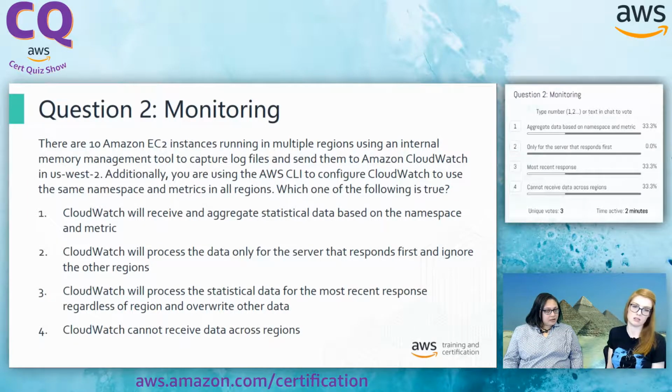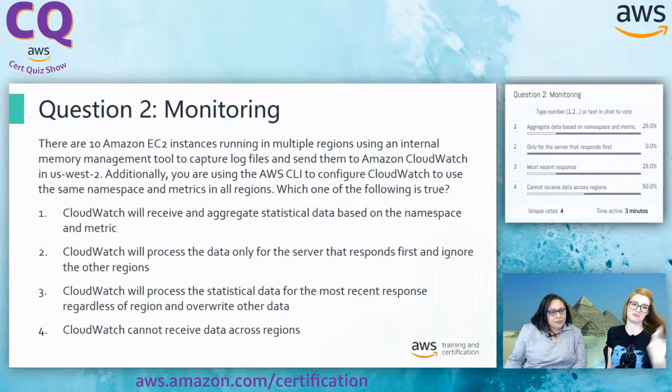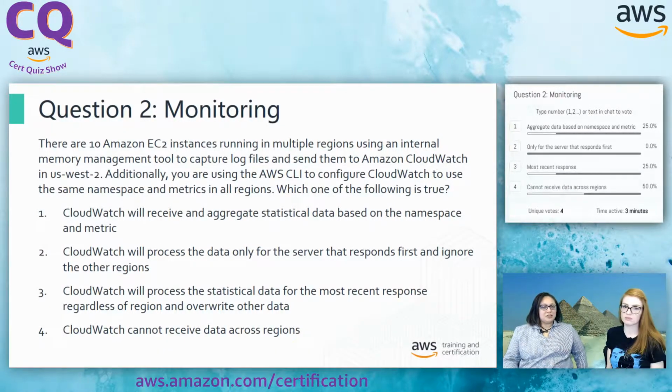Let's check the other two though. Always a good practice to make sure you read all the answers. That's right. CloudWatch will process the data only for the servers that respond first and ignore the rest of the region. That's not usually the case, because it will actually receive the logs from all of the hosts. And if you're using the namespace, it will not differentiate between them.